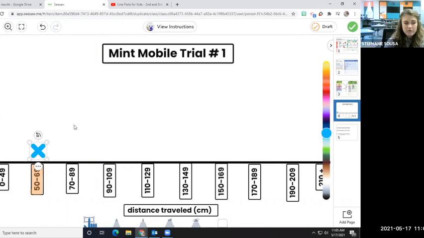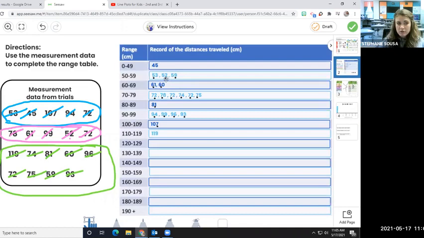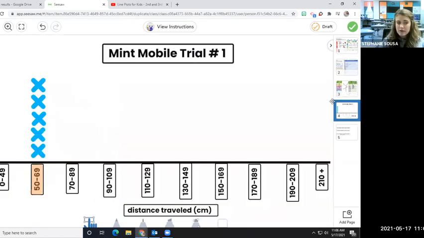And I need 5 of them. 1, 2, 3, 4, 5. This represents 5 cars were inside of the 50 to 69 range. 5 cars, the 53, the 52, the 59, the 61, and the 60 were all in that 50 to 69 range.